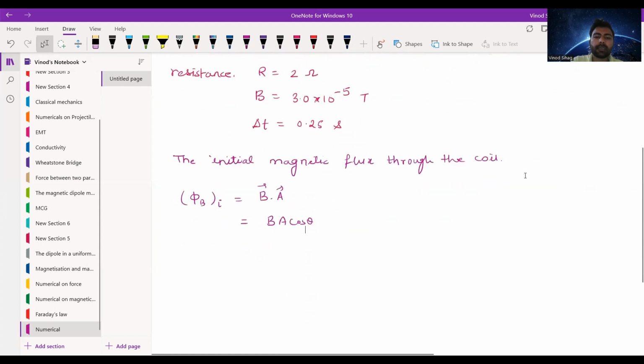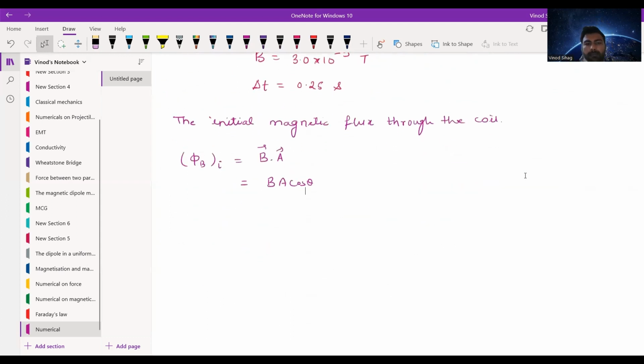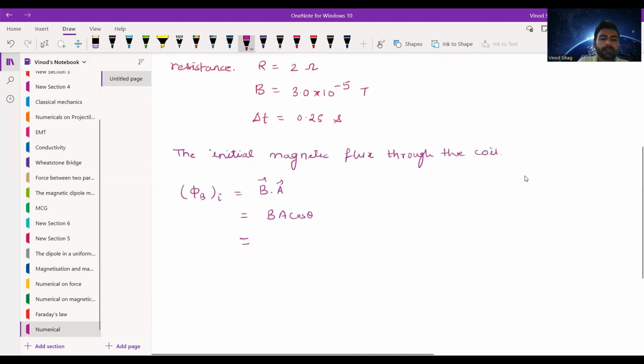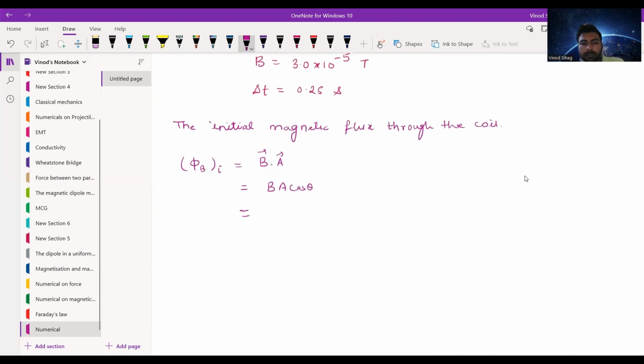Therefore theta will be 0 degree. The circular coil is given, so its area will be pi r square. So basically the equation will become B into pi r square cos 0 degree. Now let's place the values.